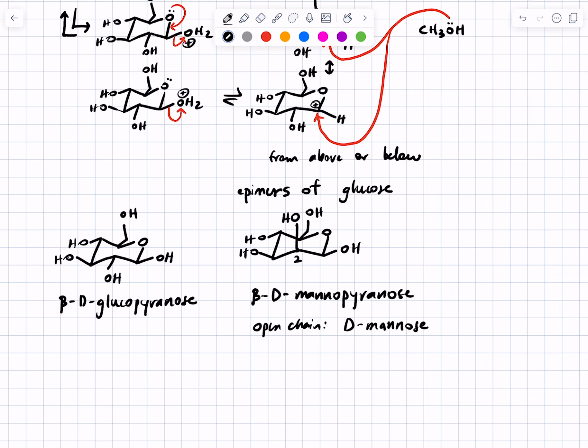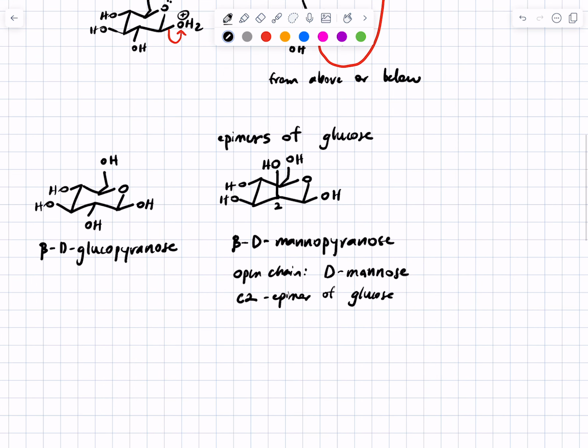And mannose is found in a lot of carbohydrates attached to proteins that are excreted outside the cell. And you can see we would call it the C2 epimer of glucose because it differs from glucose only at the C2 carbon, okay? So you need to memorize that one. That's mannose. You should recognize it if I show you the structure. You should recognize it if it's a subunit of a larger carbohydrate as well.